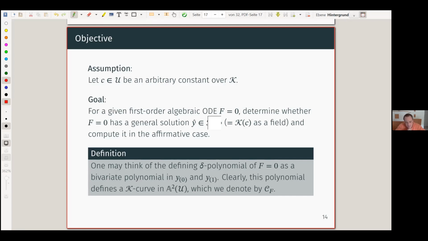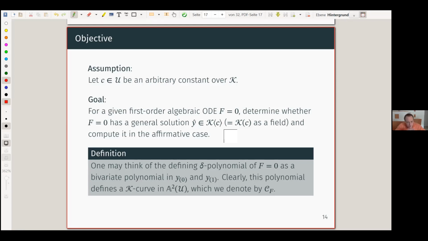Well, it's almost, it is actually just the usual rational function field. By these angular brackets, I mean the differential field generated by joining this C. But since C is a constant, this is just the rational function field with coefficients in K as a field.